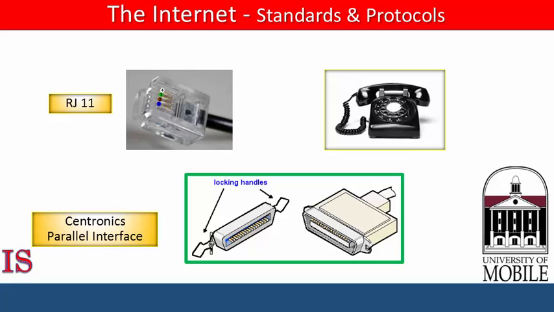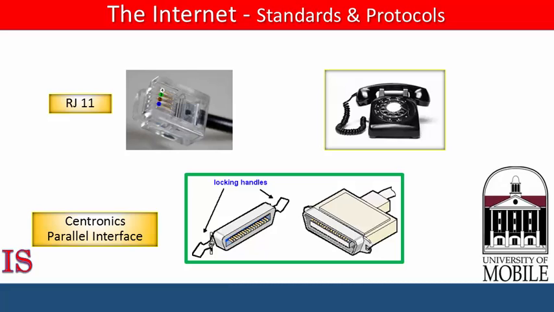This connector was their design for interfacing to a computer, and because of their popularity, it became the standard for parallel interface. So method number 2 of a product becoming a standard is that the product is so popular that its technology becomes the standard.